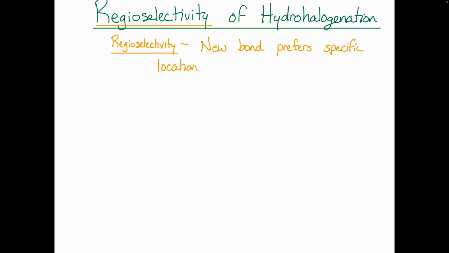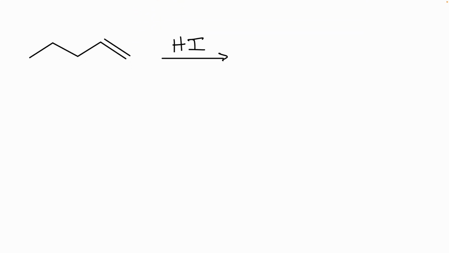All right, so we're going to take an example to illustrate this. Let's take 1-pentene. Okay, we're going to react that with HI, and everybody's going to take a second and draw me the expected products of this reaction here.